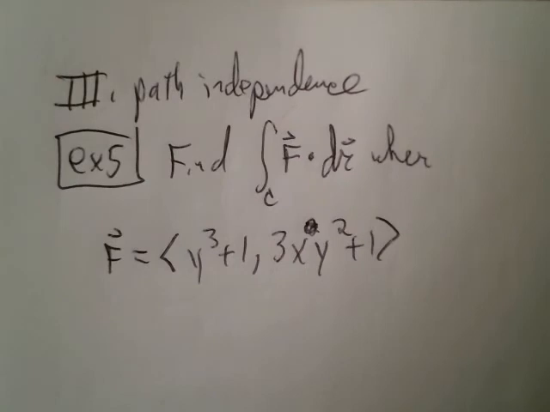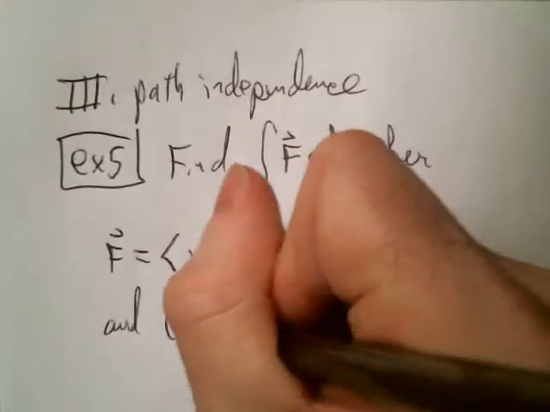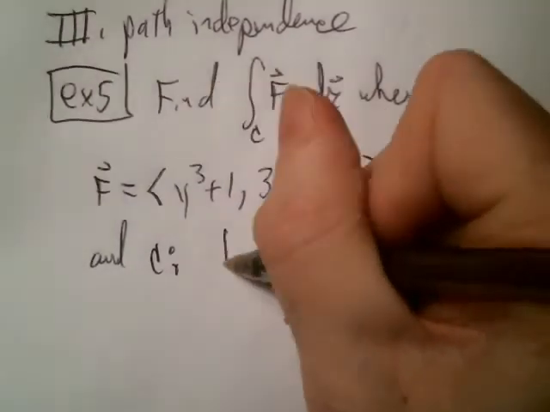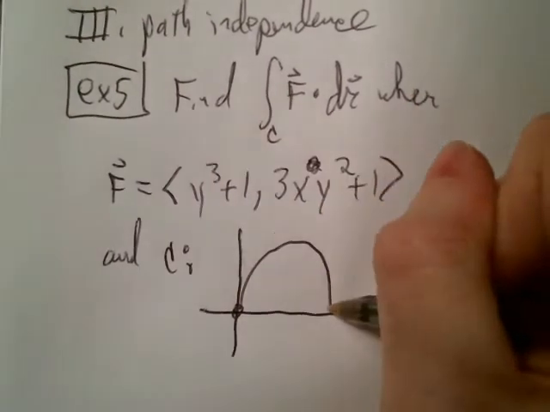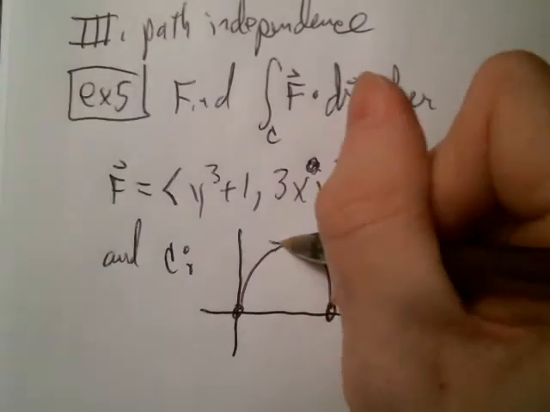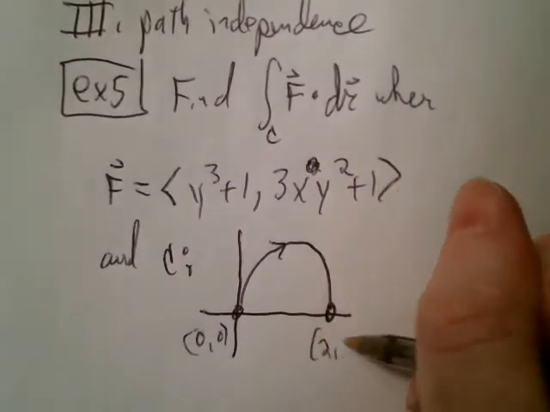And the curve is this weird semicircular path from here to here, so from 0, 0 to 2, 0.